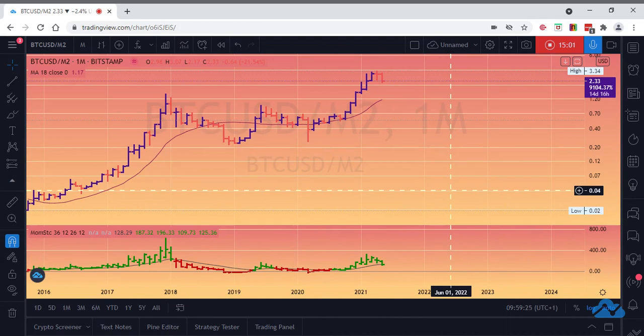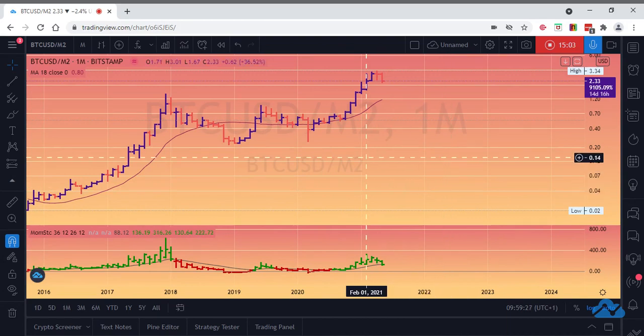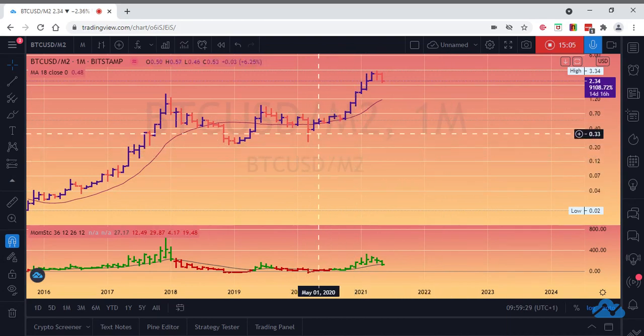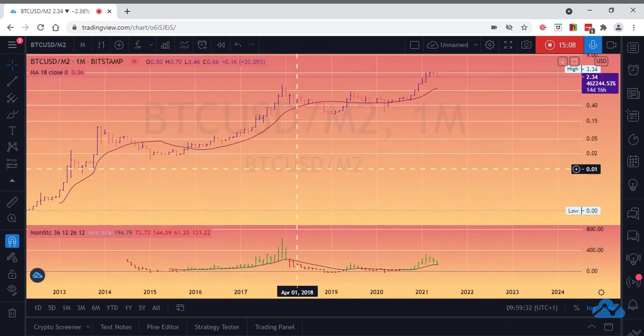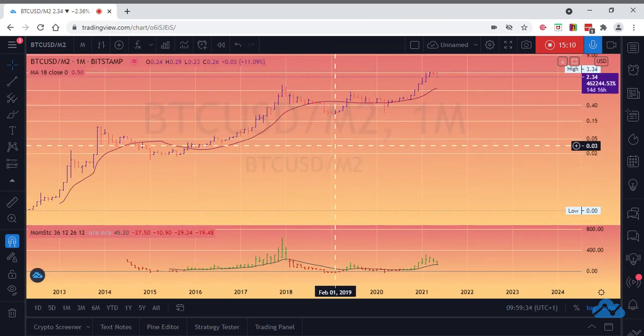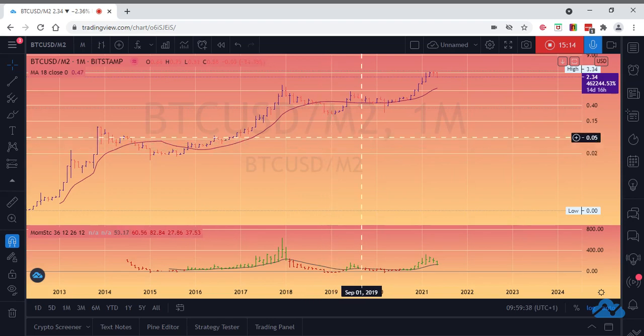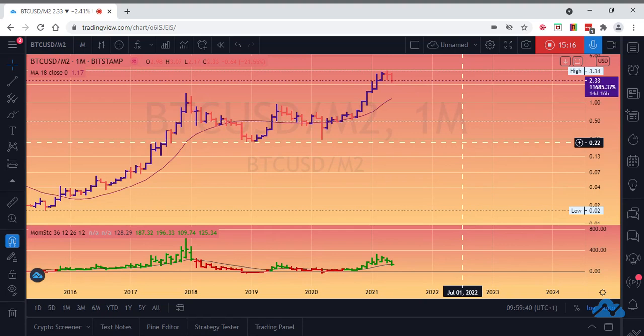Okay, so what? How much valuation can a global monetary standard be worth? So here we go.